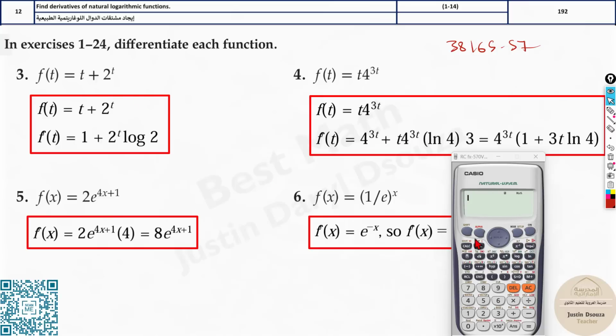So now let's solve this. Let's derive this t, that is x plus 2 to the power t. And what is the answer? At 2, this is the answer. Why? Because what do we use to solve this? We generally don't take log, we take ln. Now here this is the answer, right?